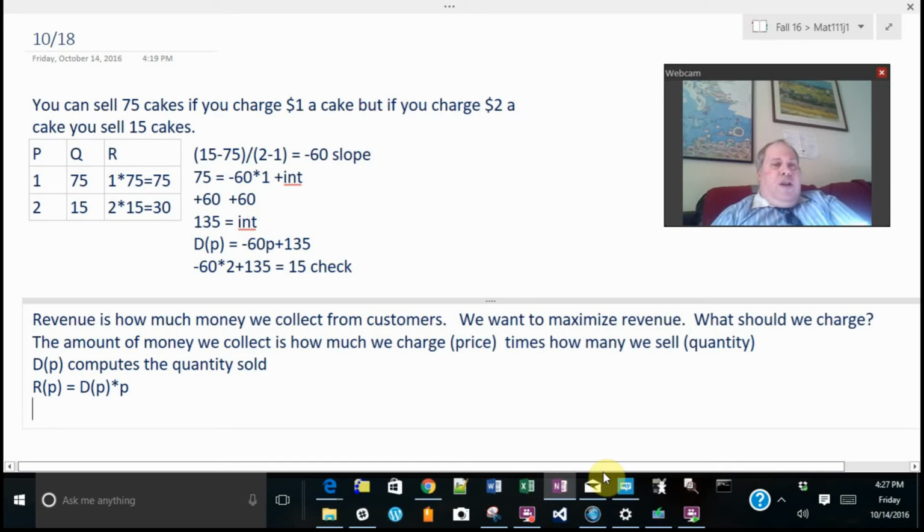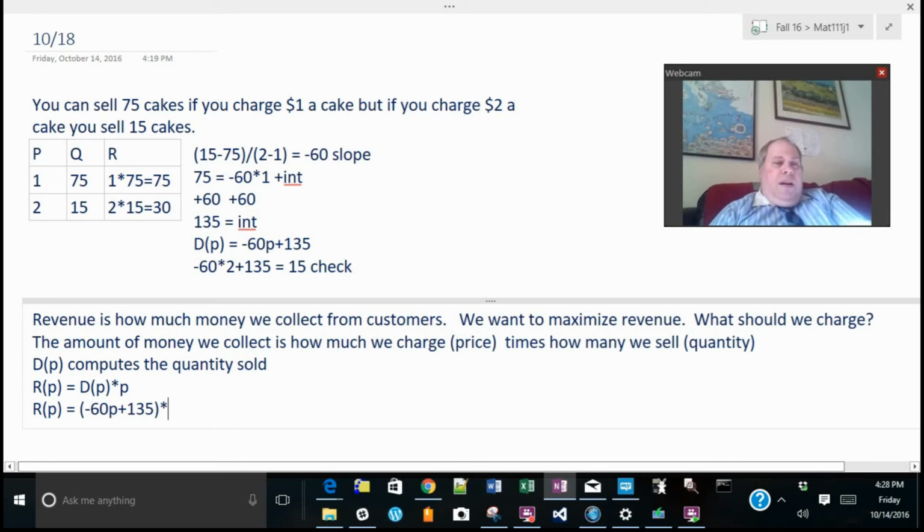Now for our example, the revenue from the price is going to equal, in parentheses, because we take the whole formula, negative 60p plus 135, times p.